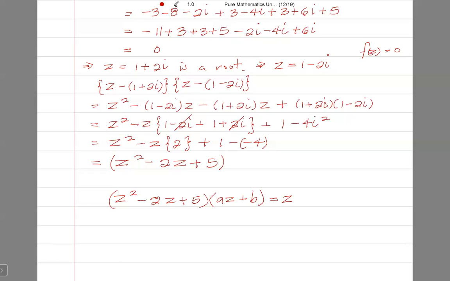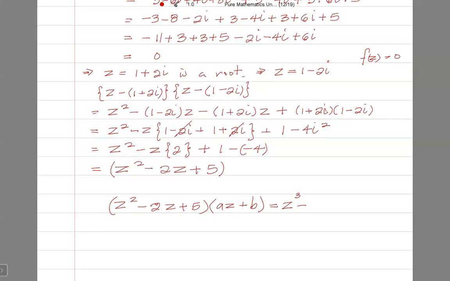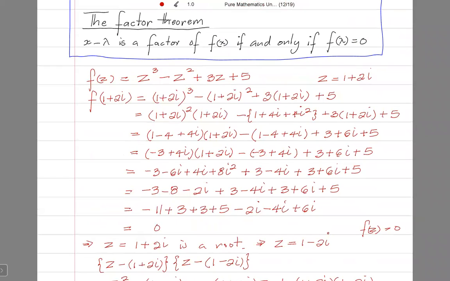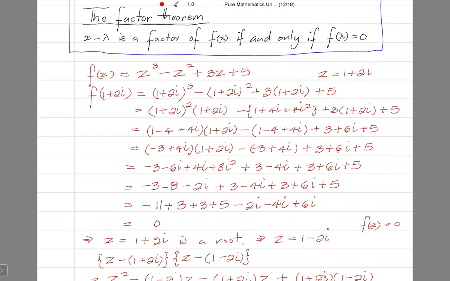What we need to do now is to find out what A and what B are. This is Z cube, sorry, minus Z squared plus 3Z plus 5.